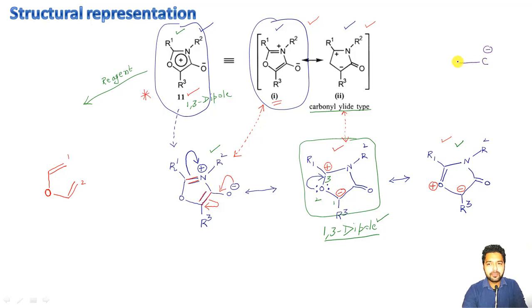It may be oxygen, sulfur or phosphorus, but it should have a positive charge on that heteroatom. Okay, so if a carbon atom having a negative charge, or let us say a carbanion, is attached to some heteroatom, maybe oxygen, sulfur or phosphorus having a positive charge, we call such species halides, right? So you can see here, this is the carbon atom I'm talking about.